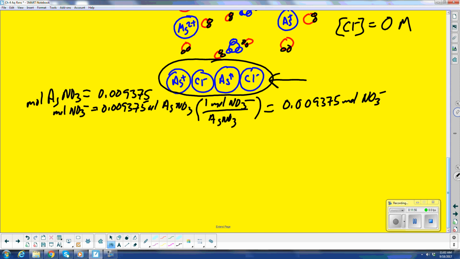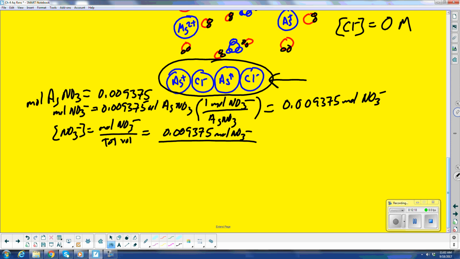Well, how do I get the concentration of nitrate? Well, the concentration of nitrate is going to be my moles of nitrate divided by my total volume. And what's my total volume? It was what?